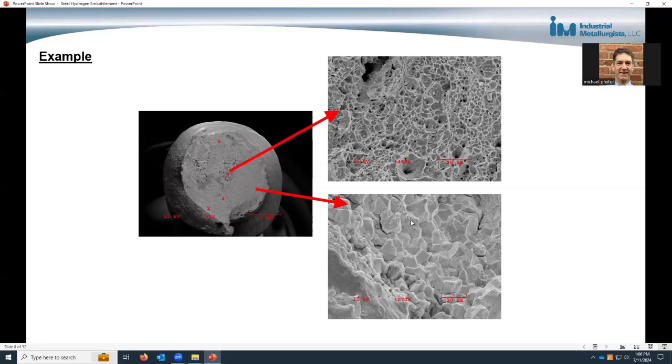This magnification is 1,000 times, and in the center portion of the fastener, we have dimple rupture, indicating that the material had been overloaded. So the stress on the material exceeded the material's tensile strength. So the crack grew, and when the crack grew large enough, the remaining intact material didn't have enough strength, and the material broke.